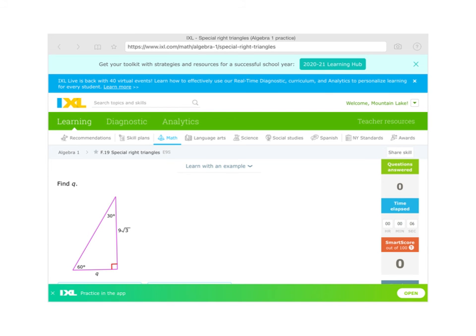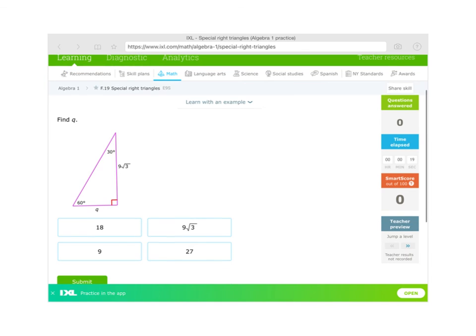So if we were to use the same logic that we just learned a few seconds ago, now let's apply it onto this question. So what do we have? We have a 30, 60, 90 degree triangle, and if you recall from our diagram, we had 30, we had an S, we had a 90, which was 2S over here, and we had a 60, which was S root 3.